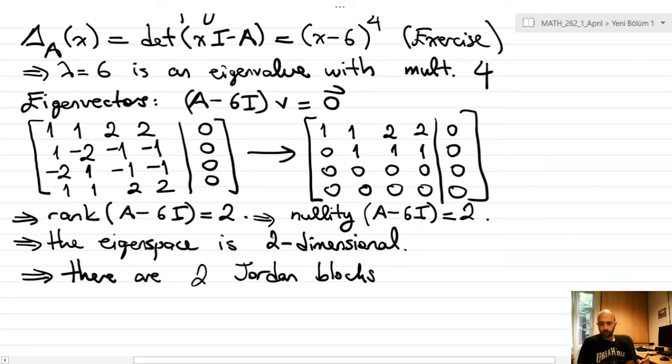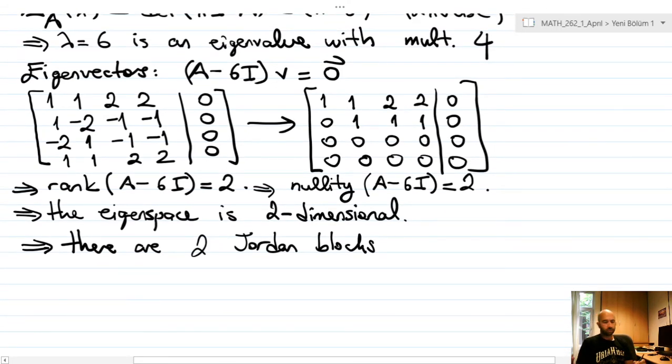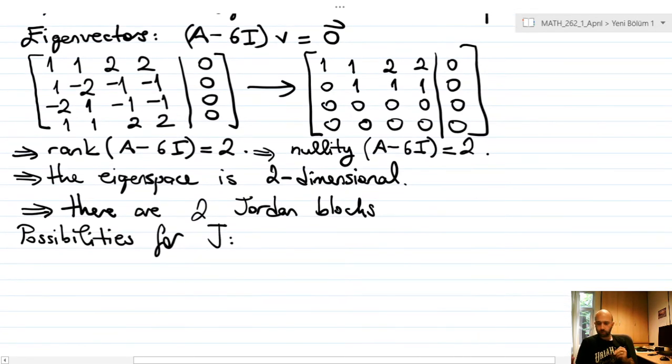Okay. Now we can think about a little bit of combinatorics. What are the Jordan matrices with only 6 as eigenvalue and which have 2 Jordan blocks? So the possibilities for J. Now, a moment of thought tells you that there are 2 possibilities at this point.